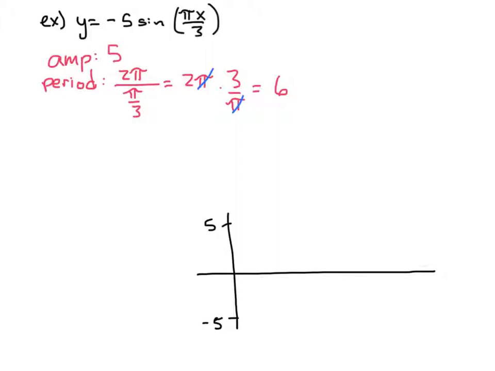So my last increment, we're going to end at 6. Okay, and then just to figure out these numbers inside, I take the 6 and divide it by 4. So I'm going to be counting by 3 over 2.